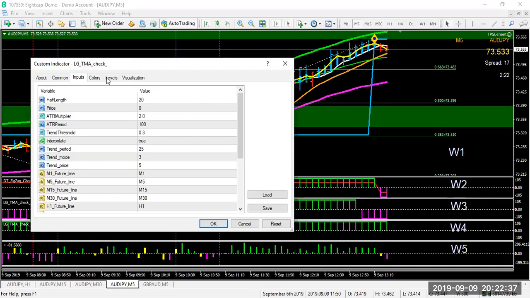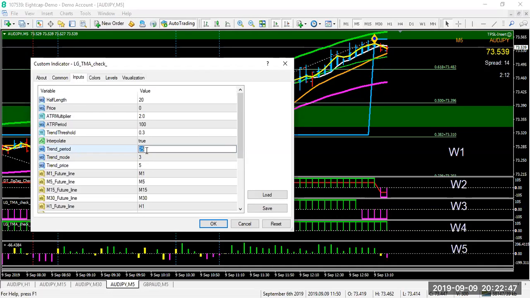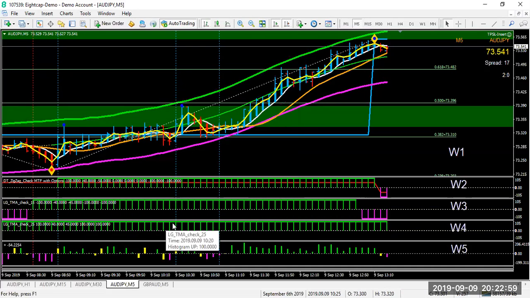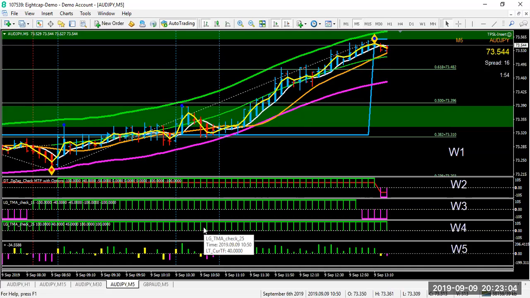Either way, you'll come to the pop-up box of inputs. I've just adjusted from trend 30 to trend 25. Okay, what this does is will allow the shading in window 4 to come a little bit earlier.